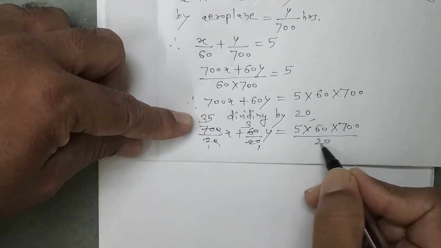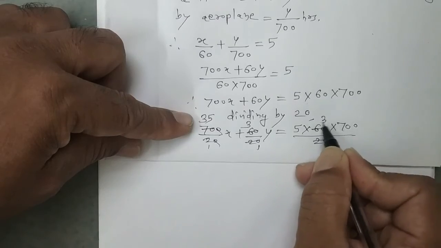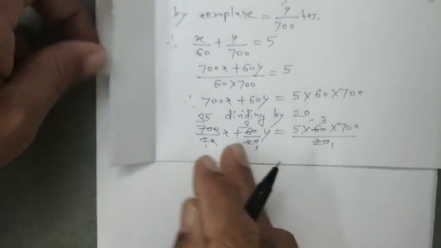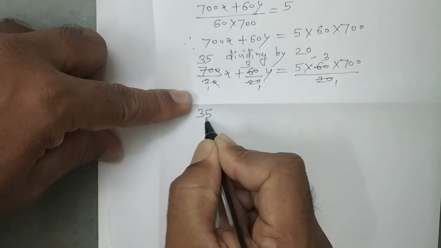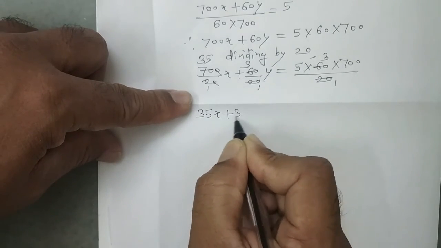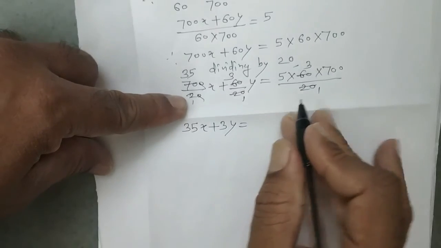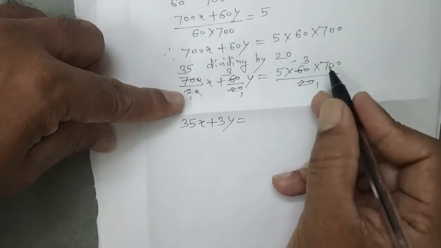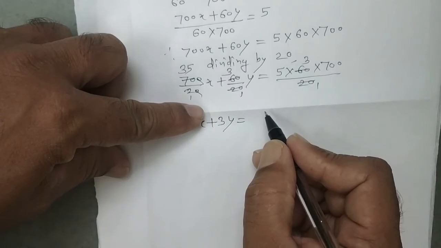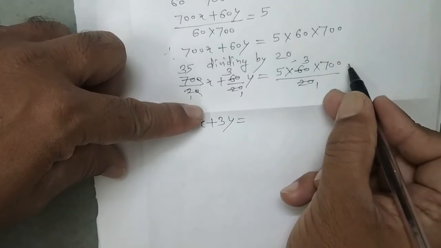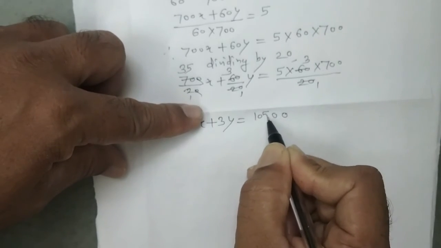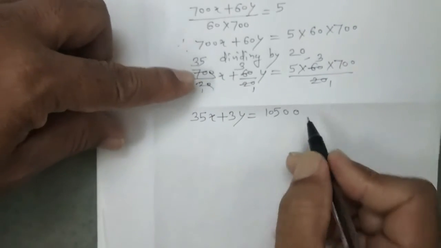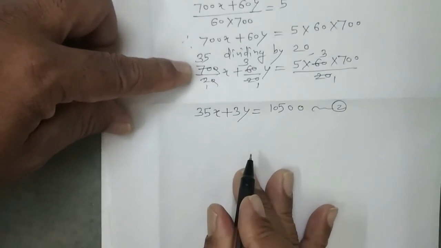Now we get the equation 35x plus 3y is equal to 5 into 3, 15, 15 into 7, 105 hundred, that is 10,500. This is equation number 2.